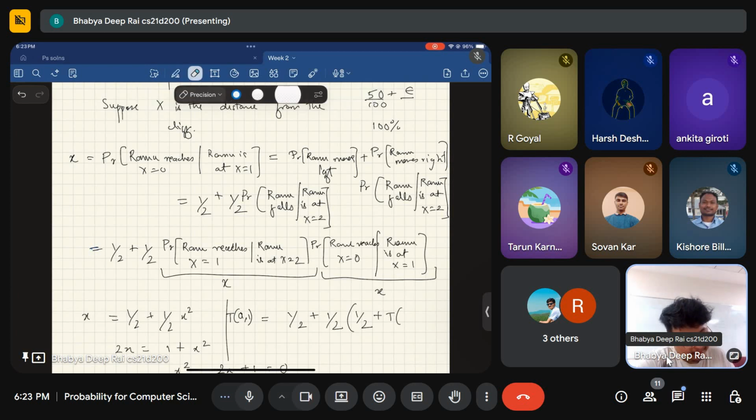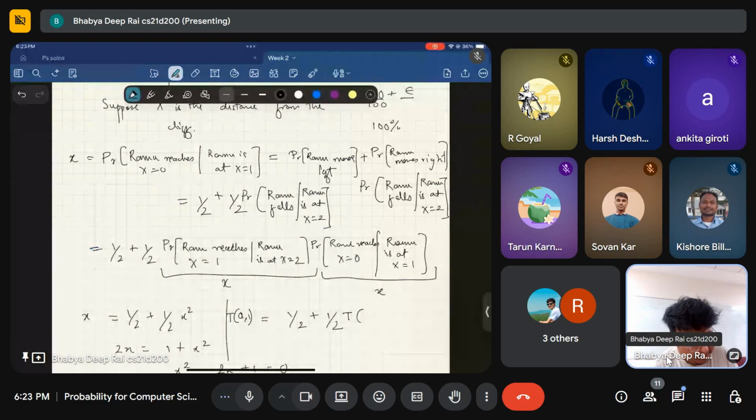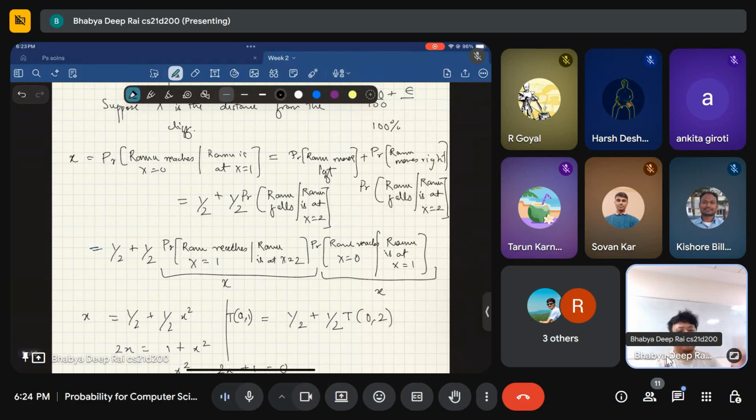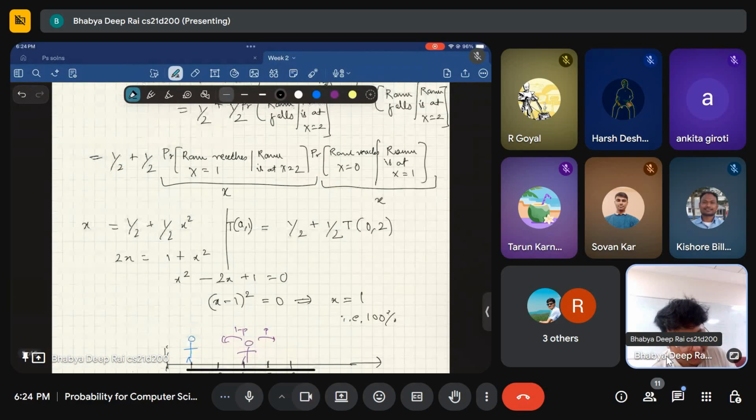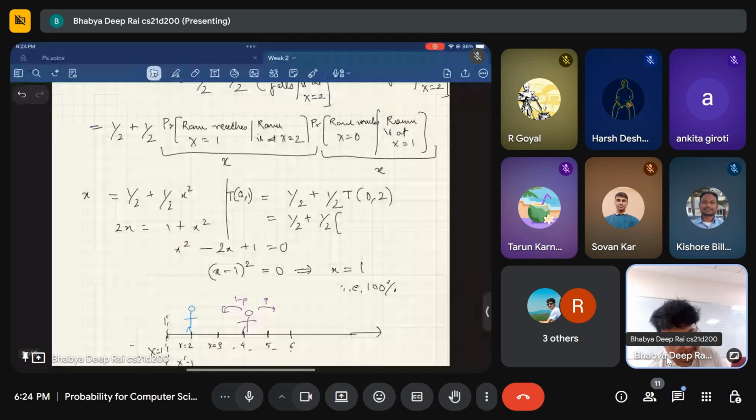Okay, so let's do one thing. T of 0 comma 2. So Ramu started at 2 and then he fell, which is equal to half plus half times, just one more.